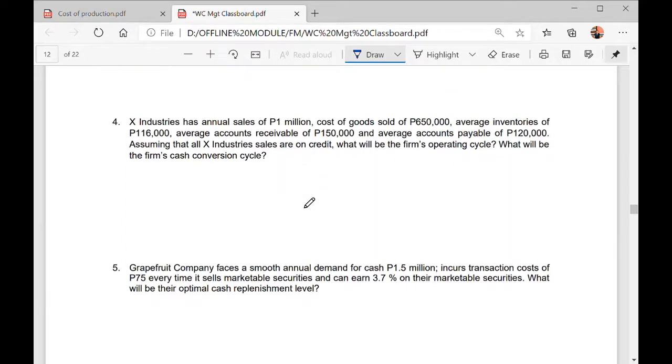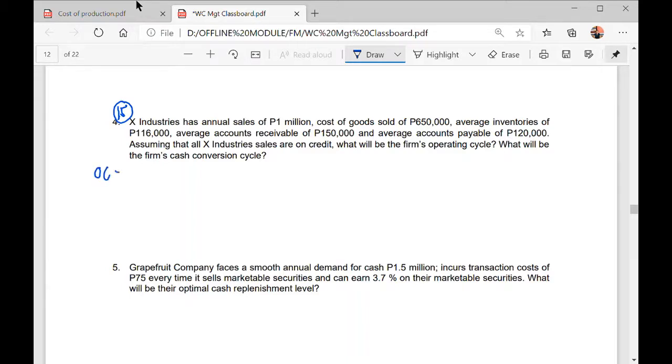Okay, number 4. What is the firm's cash conversion cycle? So this is question number 15 in your manual. Okay. So how to compute? So first is, of course, you get the inventory days and your average collection period.